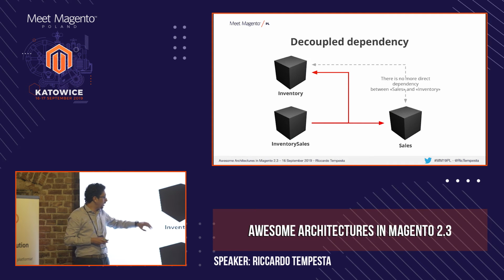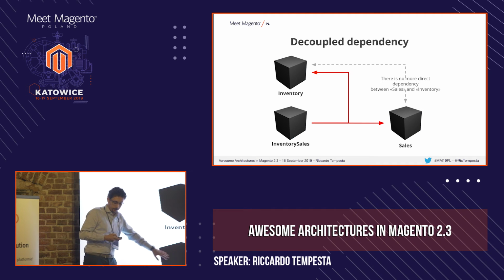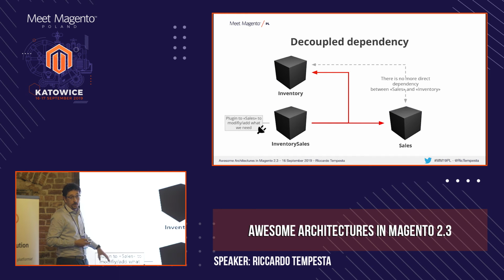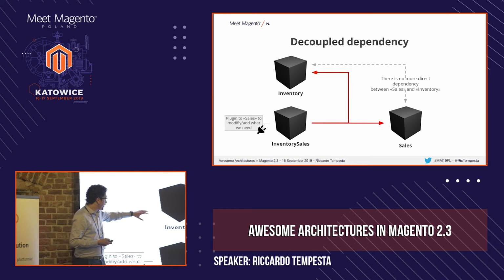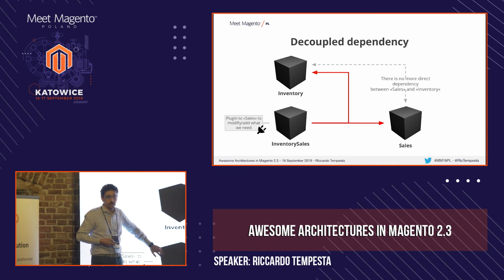So basically, they are not depending on each other anymore, but they can be connected using this module that is using all the tools that Magento provides you, like plugins, like sometimes preferences, to rewrite what is needed in inventory to access sales and vice versa. In this way, if you have both of them, you should also have this third module. Otherwise, these modules can be removed, for example.